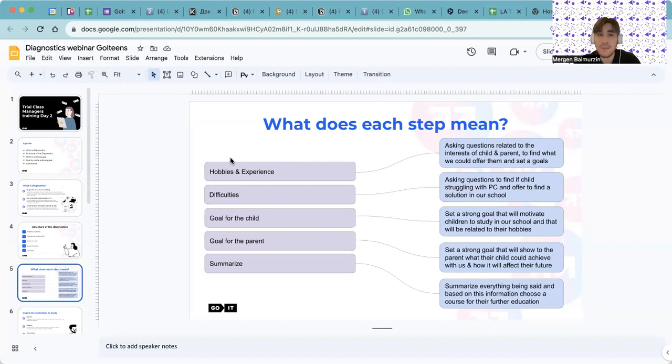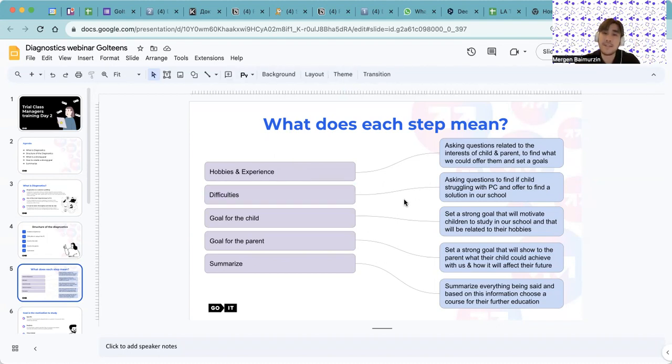Maybe Bobby was attending some other courses, or maybe he's attending computer science classes right now in school. We ask this question in order to find out if the child already had some experience with programming and could go for more difficult courses like Roblox instead of Minecraft, for example.